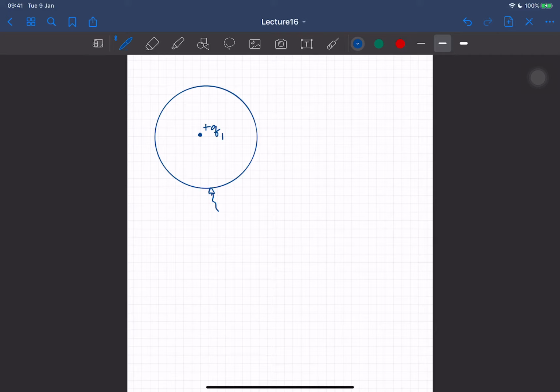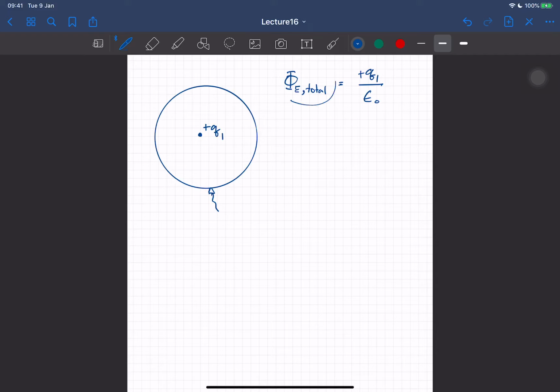So if we calculate the total flux across all the surface of this balloon, you're going to have phi of E total equal to the charge inside, which is plus Q divided by epsilon 0. Always.